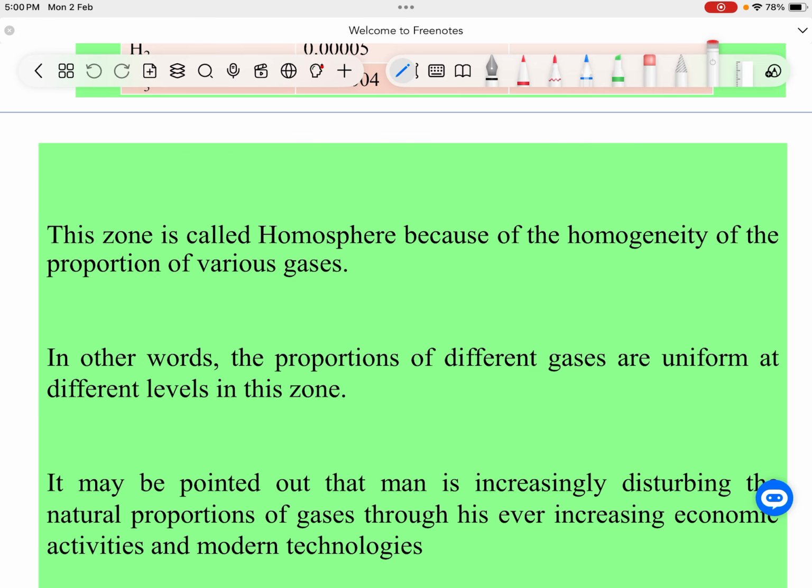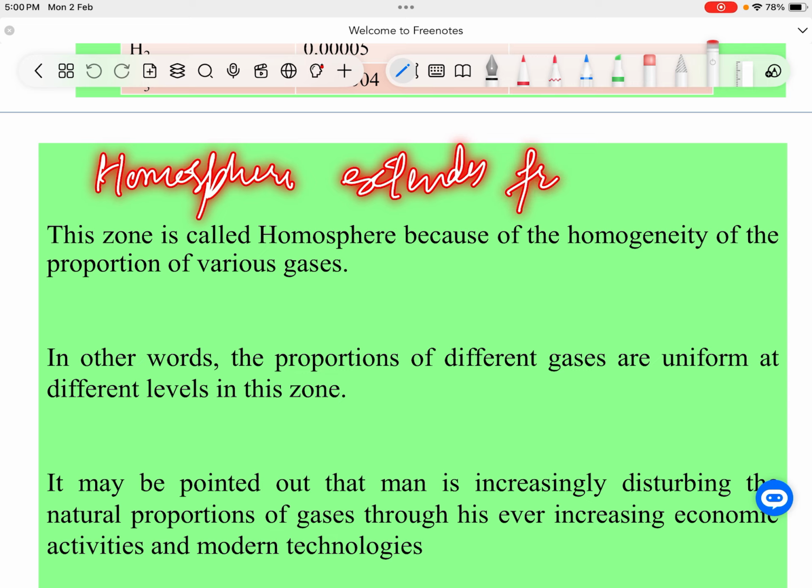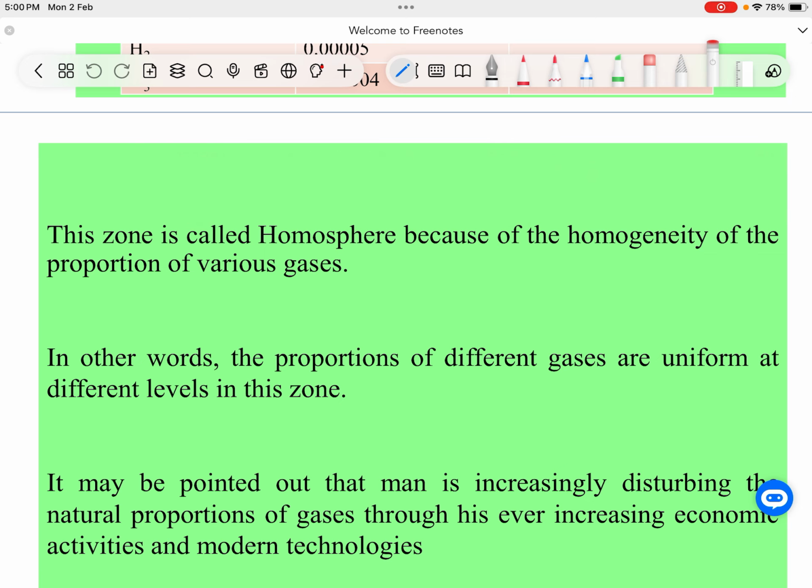So this homosphere basically extends from 0 to 80 kilometers. Why is this called homosphere? Because of the homogeneity of the proportion of various gases. In other words, the proportion of different gases are uniform at different levels in this zone.